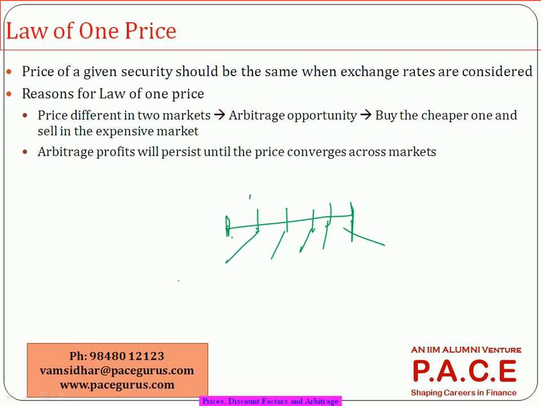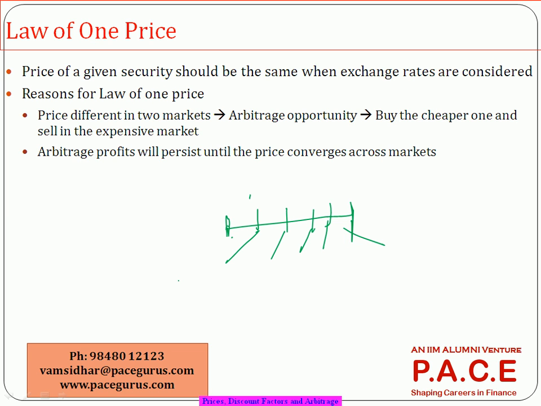People will immediately exploit that opportunity, assuming no other costs, no transaction cost, no brokerage cost. The moment there is a difference in the prices on NSE and BSE, at the same time I can execute both trades, buy here, sell there, and I can very well make a profit. And if I am doing it in large volumes, my profit is also maximized.